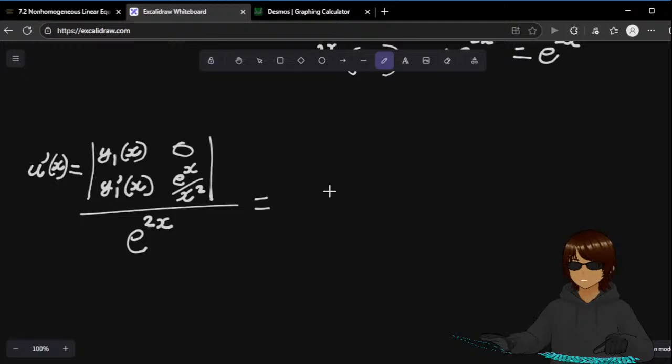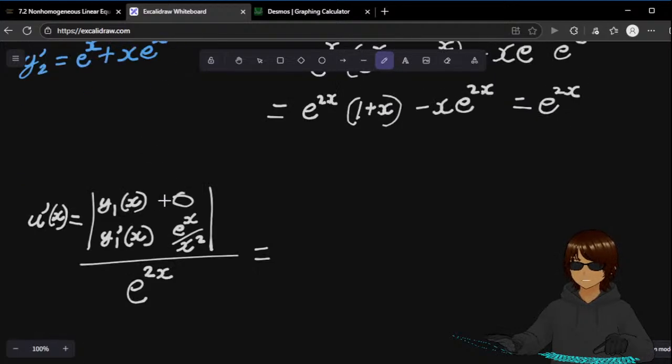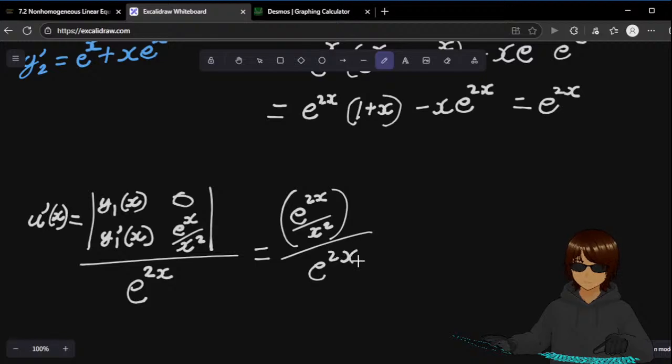This times this. So this is e to the power of x times this. So e to x, x squared, 1 over x squared.